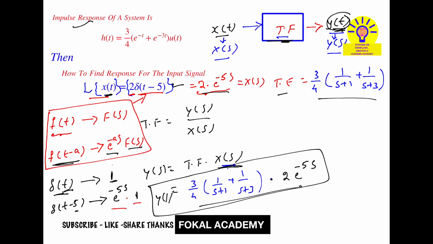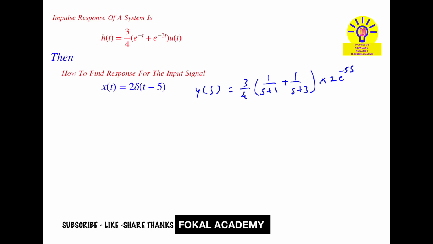Now I am rewriting this equation. This is Y of s. First multiply the term outside, so Y of s is equal to 3 by 2 into, multiplying e power minus 5s to each term, e power minus 5s upon s plus 1 plus e power minus 5s upon s plus 3.